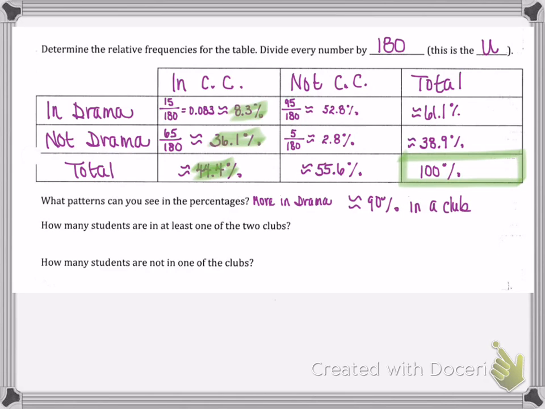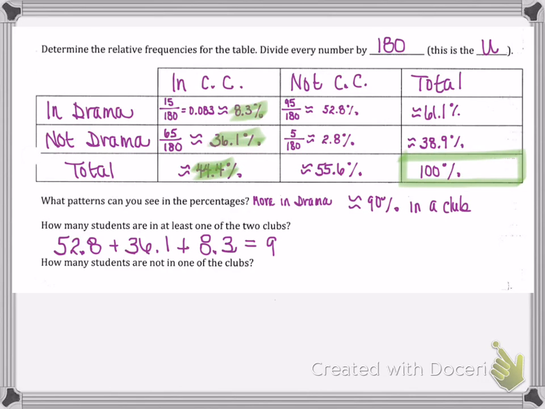You're going to add up the 52.8. Those are the students that are involved in drama but not in computer club. 36.1. Those are the students involved in computer club and not drama. And the 8.3 in drama and in computer club is our overlap region.